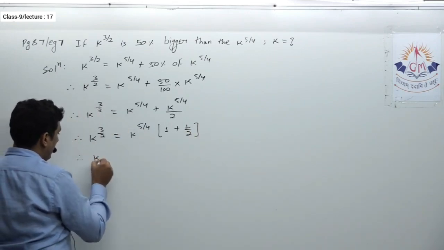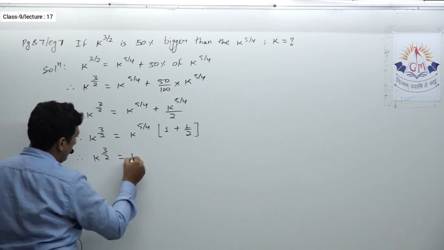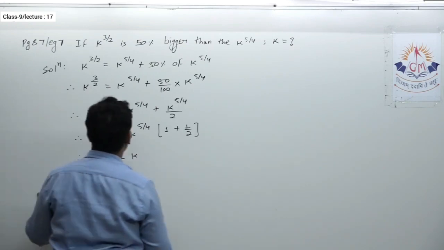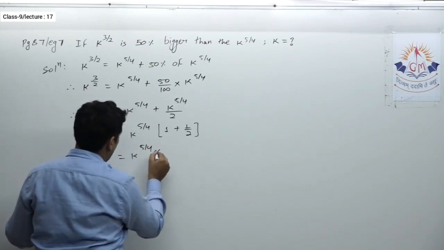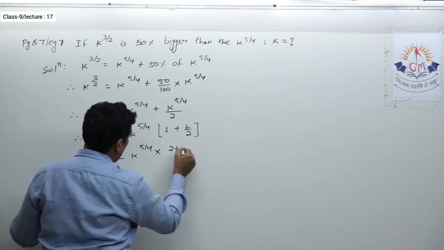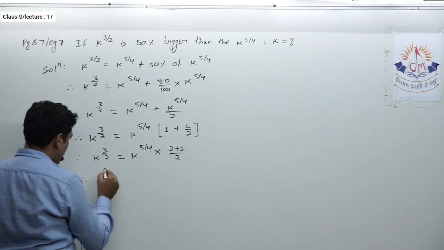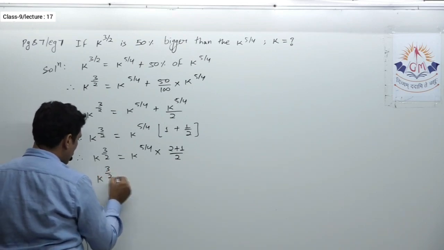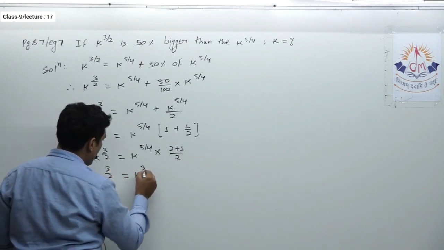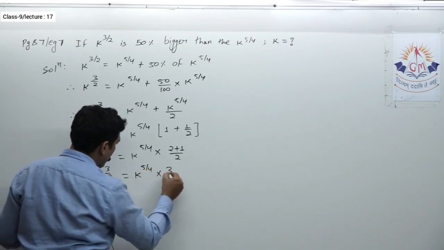Further, I can write k raised to 3 by 2 is equal to k raised to 5 by 4 into 2 plus 1 by 2. That is k raised to 3 by 2 is equal to k raised to 5 by 4 multiplied by 3 by 2.